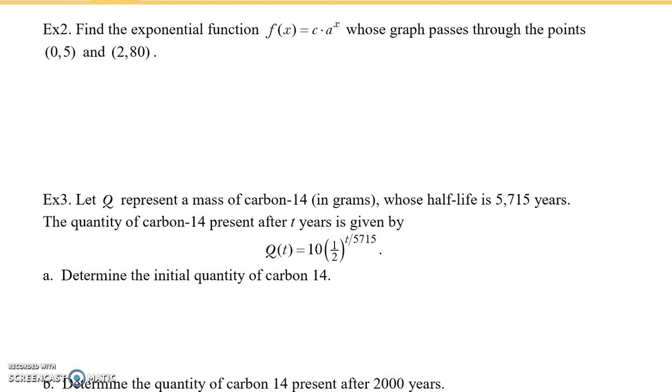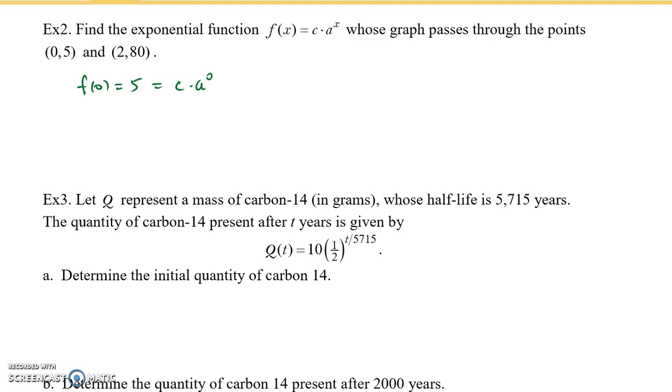Let's begin by noting that the graph passes through the point (0, 5). So if (0, 5) is on the graph, it means that f of 0 is equal to 5. But f of 0 would be c times a to the 0 power.